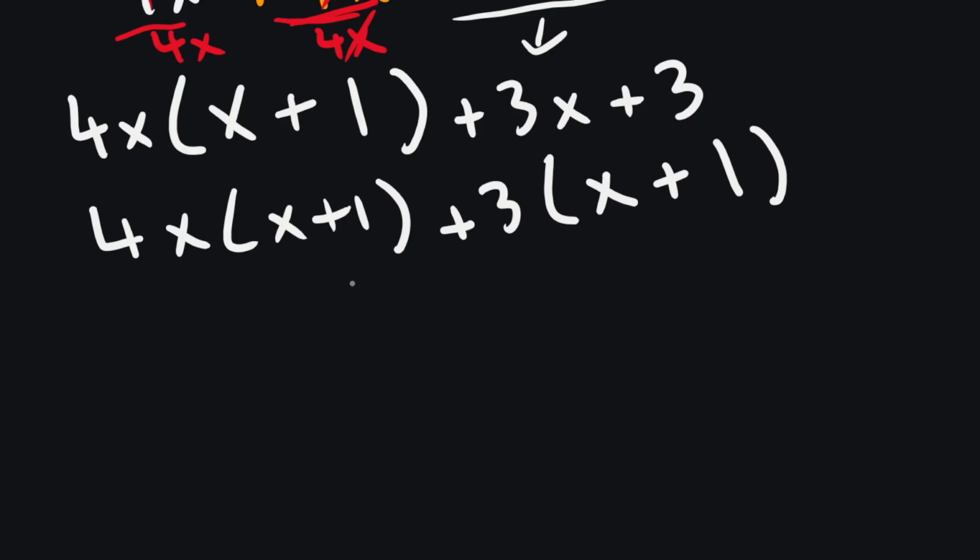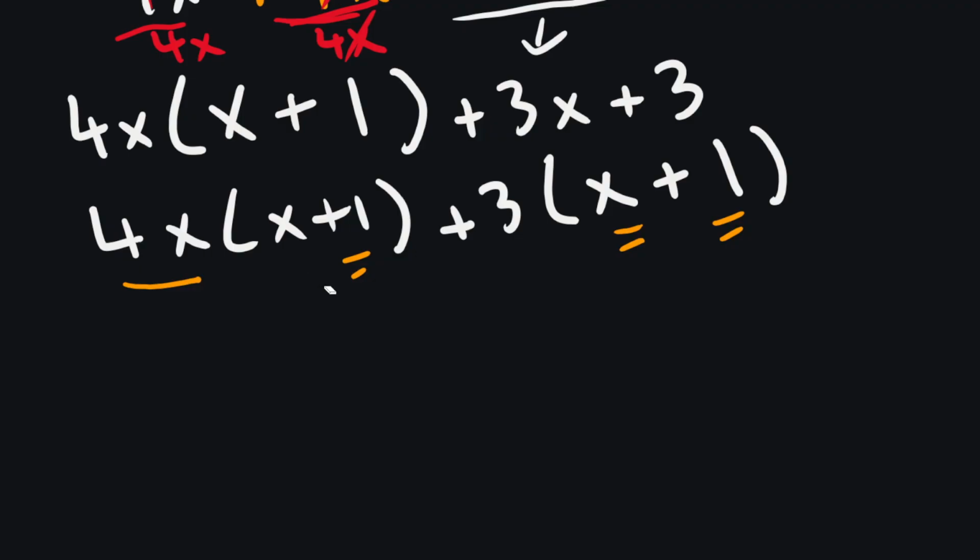Perfect. Now, looking at this entire thing, let's look at how many terms we have. We have 4x times, and if you count the terms inside each set of parentheses, there are two terms inside each of them, the x and the 1.